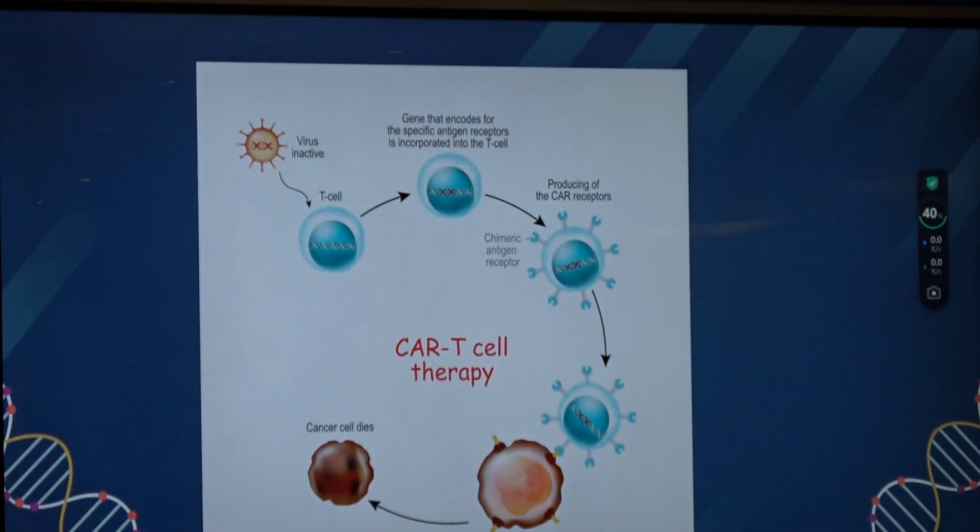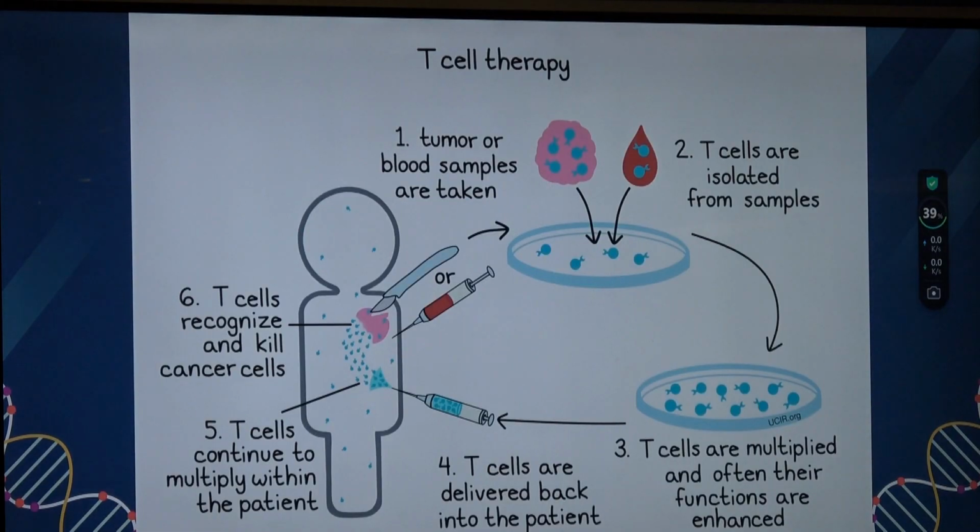So basically, how a CAR T cell kills a cancer cell is by binding to the specific cell and killing it overall, because usually cancers are cells that cannot die. So here we see a T cell, and by using CRISPR to change the genes and attach a CAR receptor, we're able to make it a super white blood cell that then kills the cancer cell.